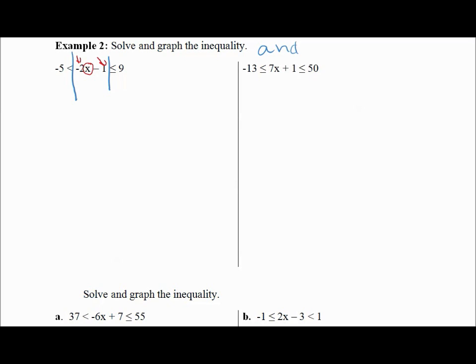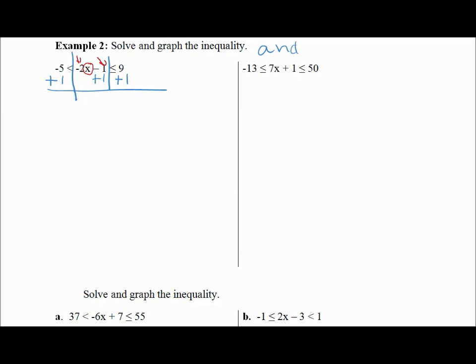Once again, I use the same transformations as if I were solving a regular inequality or if I were solving equations. If I want to get rid of -1, I would +1. However, I'm going to +1 to all three sides. Okay?